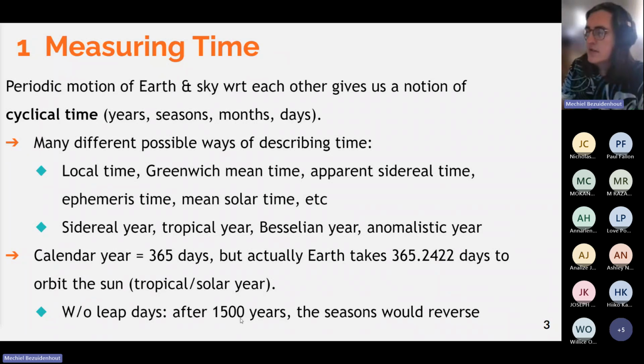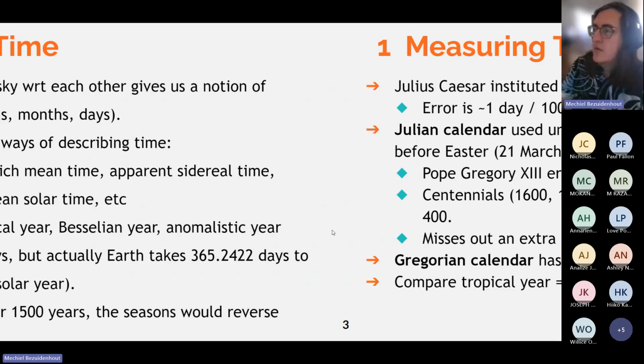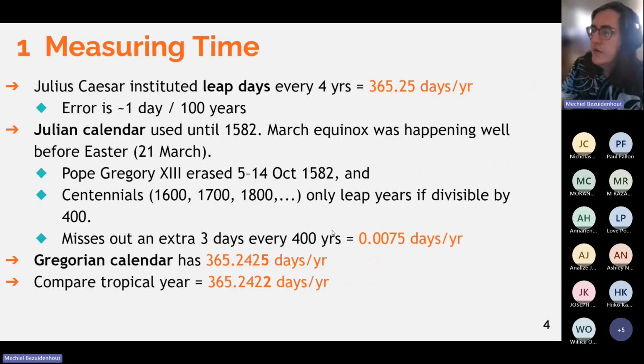You would have summer in July in South Africa, which would be very bad for keeping track of crops and that kind of thing. So Julius Caesar was the first to proclaim the existence of leap days. He instituted leap days once every 4 years.